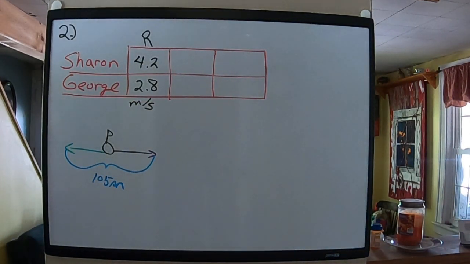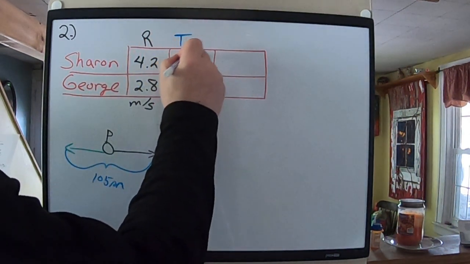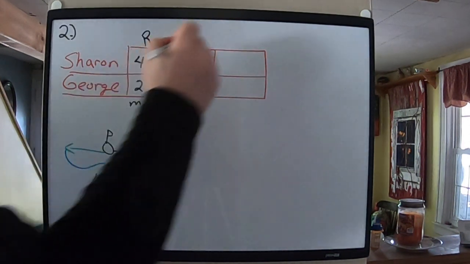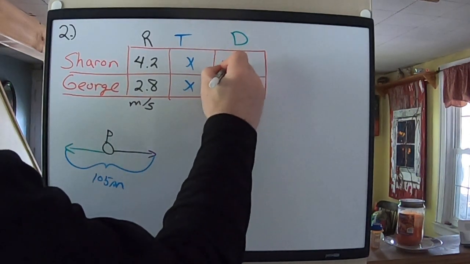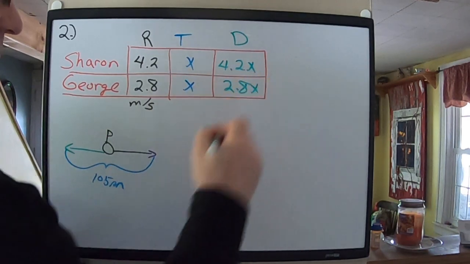It goes on to say that the time is the same for both because they left at the same time. It wasn't one left and then the other left. And then the distance is 4.2x and 2.8x.